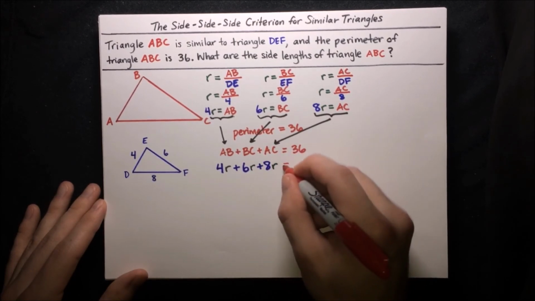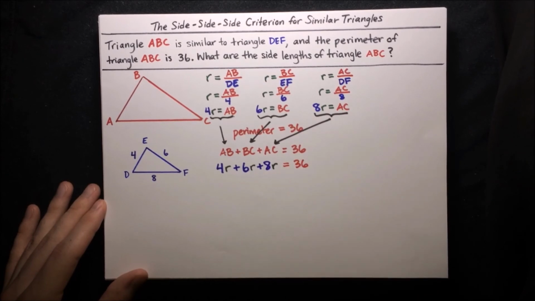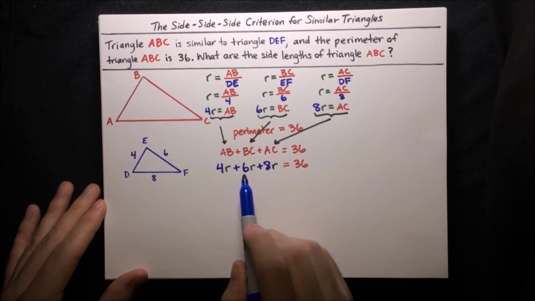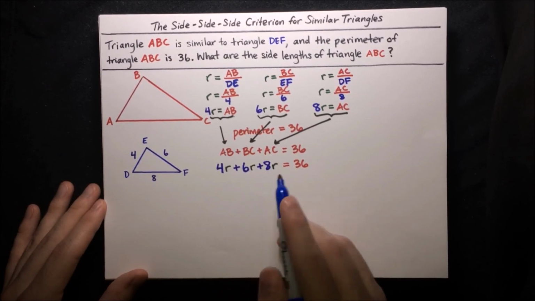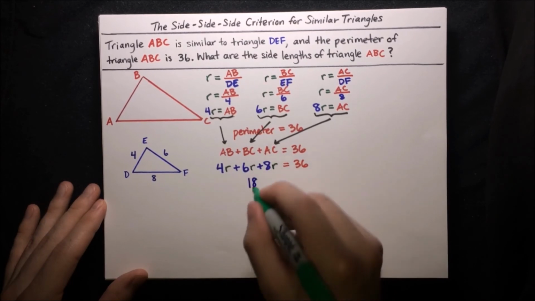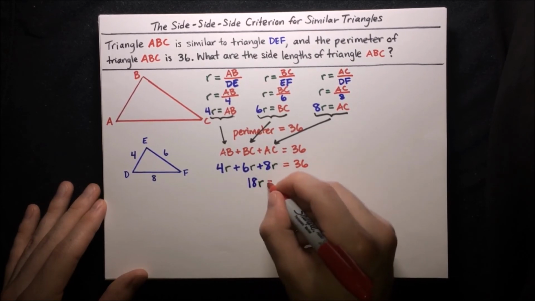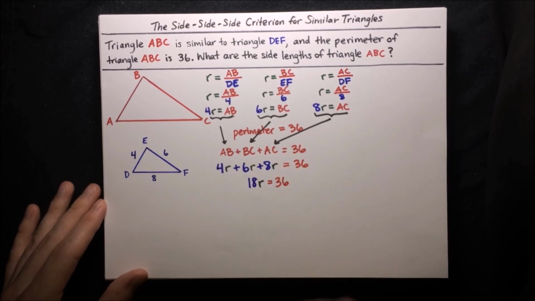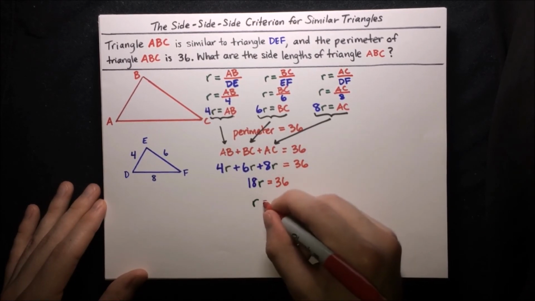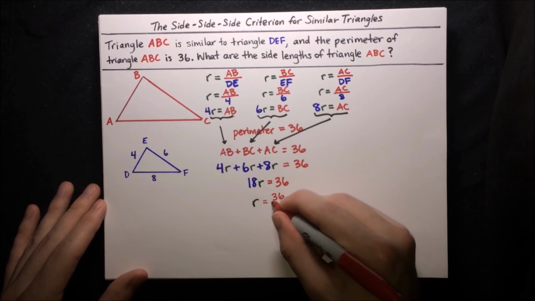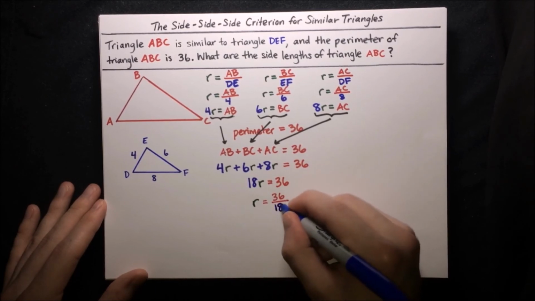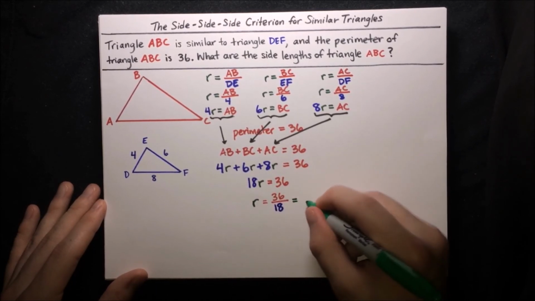And that sum is equal to 36. Adding all this up, we have 4r plus 6r is 10r, then plus 8r is 18r. So 18r is equal to 36. And that means r is equal to 36 over 18, which simplifies to just 2.